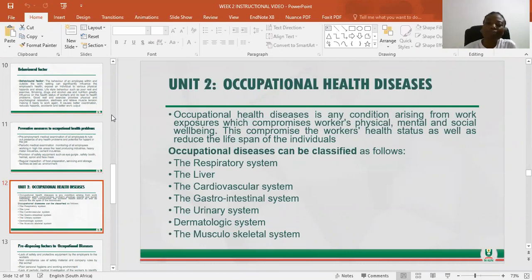Anna. Ma, occupational health diseases are those diseases we contract as a result of our exposure to some, say, chemicals in our place of work, like those that work in industry. Okay, it's not only chemicals.